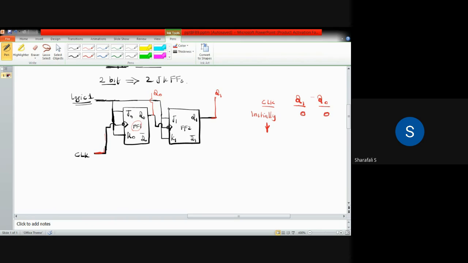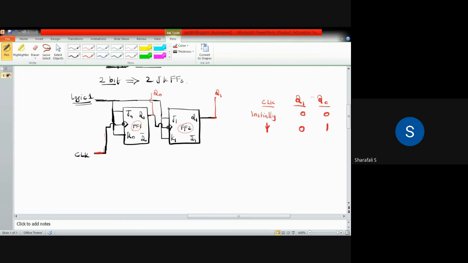So the first flip-flop will toggle its state, and Q0, which is 0 now, will become 1. At this moment Q1 will still be 0, because the second flip-flop's clock still has the Q0 value which is equal to 0.